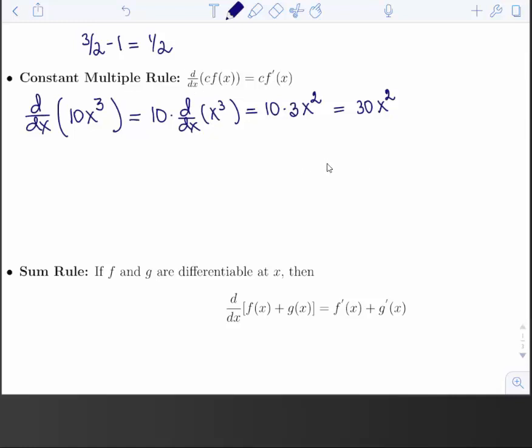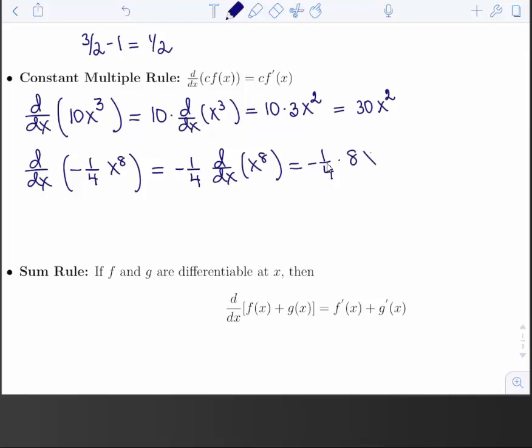All right, let's do a couple more examples. d dx, let's say we have negative 1/4 x to the 8th. Okay, this is negative 1/4 d dx of x to the 8th. That's negative 1/4 times power rule, 8x to the 7th power.